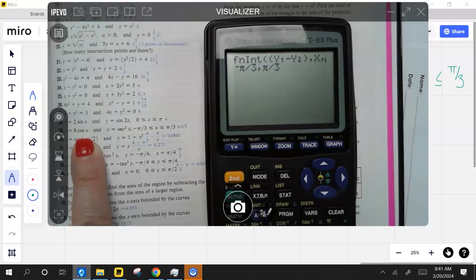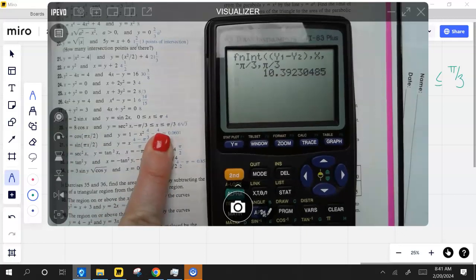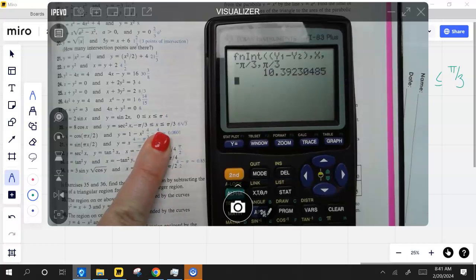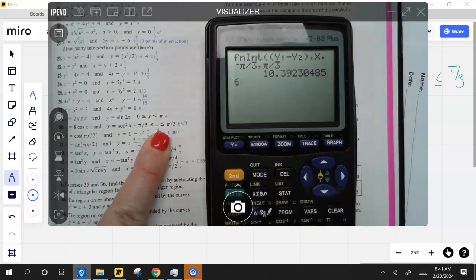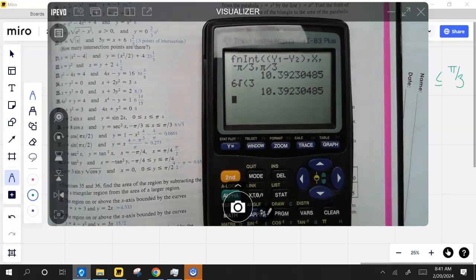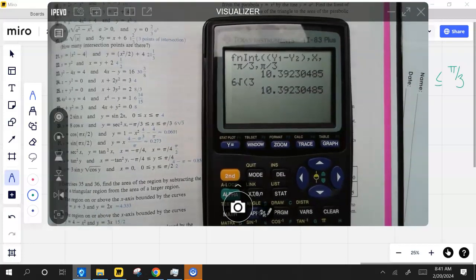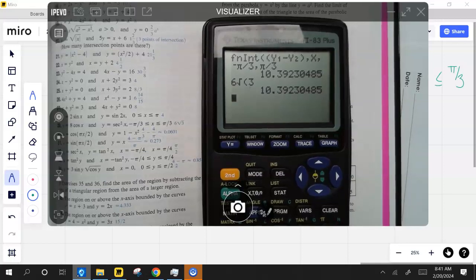You know, this book kills me because clearly they did it by hand if they got 6 root 3. But if it's a calculator, I am not doing all that by hand. Well, did you do a U substitution on it?